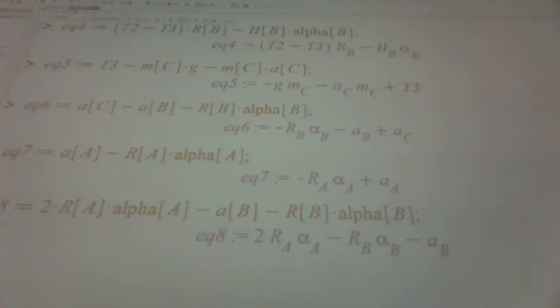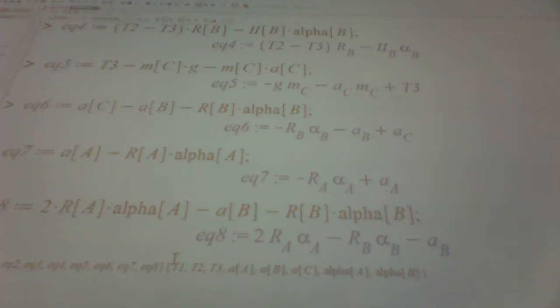It was this way: equation 1, equation 2, equation 3, equation 4, equation 5, equation 6, equation 7, equation 8. Variables: T1, T2, T3, a_A, a_B, a_C, alpha_A, alpha_B.